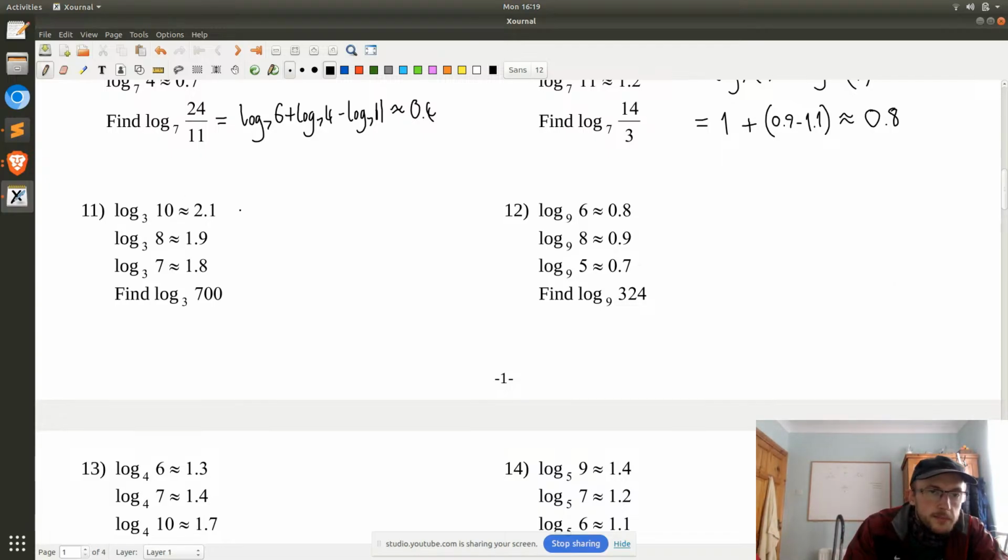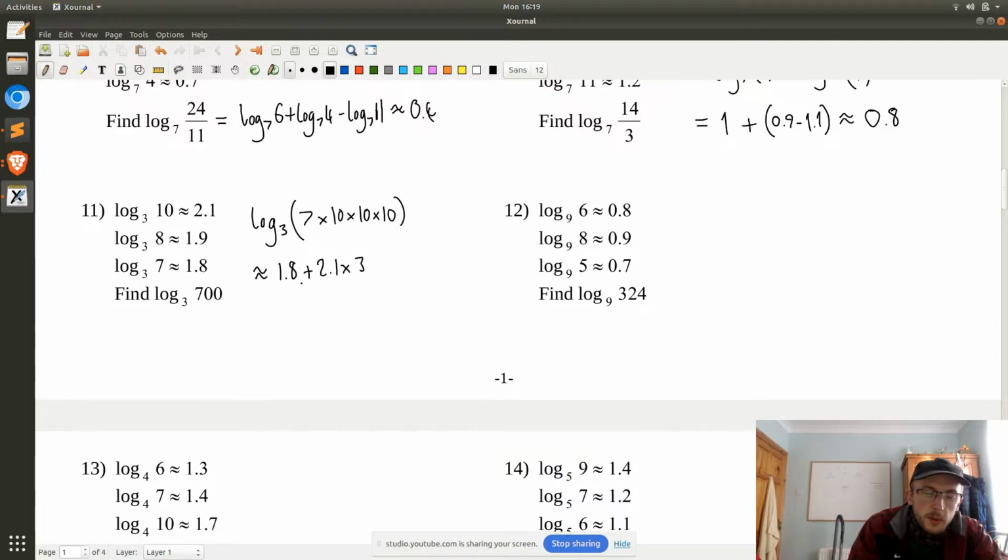Okay, 700 now. Okay, that's log base 3 of 7 times 10 times 10 times 10, which is approximately 1.8 plus 2.1 times 3.